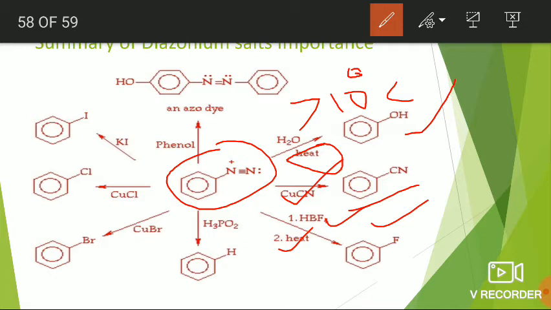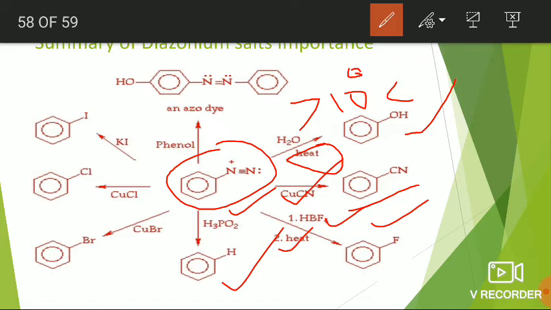If you treat diazonium salt with hypophosphorous acid H3PO2 or with sodium stannite, we get corresponding arene. That is, the diazo group is replaced by H. We get corresponding arene.